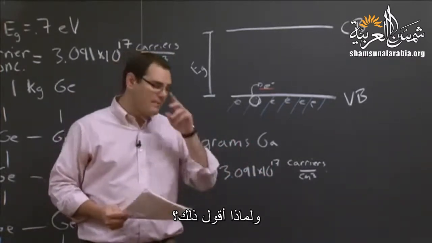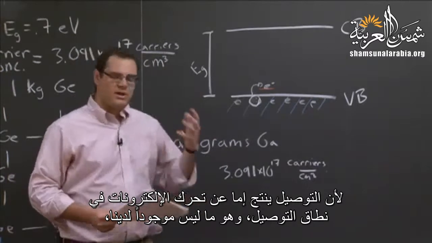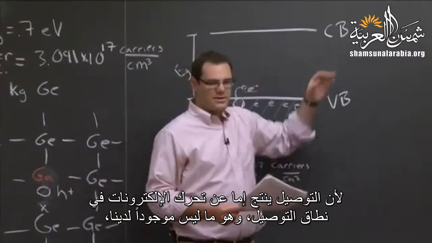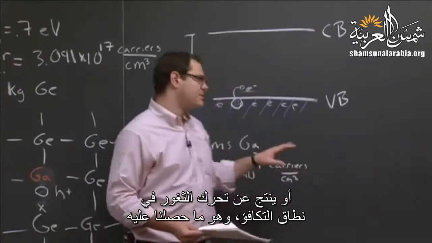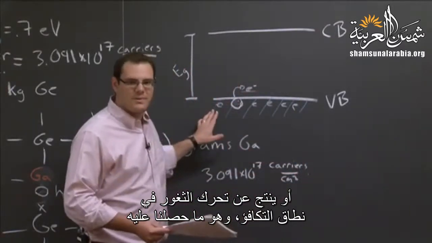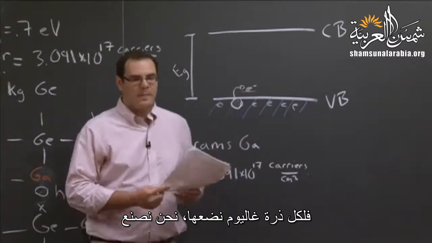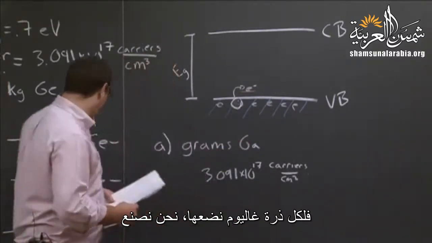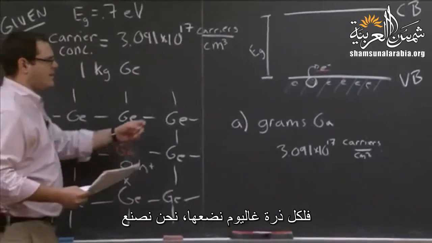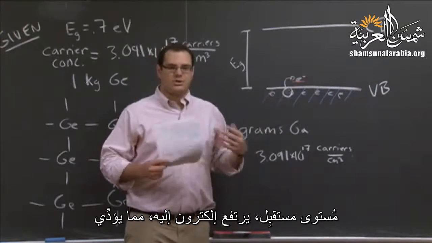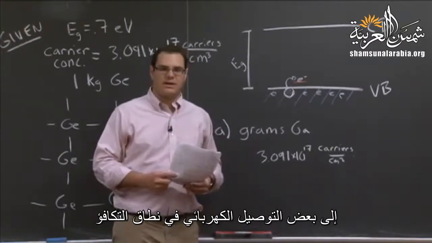And why do I say that? Because conduction is either the movement of electrons in the conduction band, which we don't have, or the movement of holes in the valence band, which we now have. So for every gallium atom we put in, we're creating an acceptor level, which takes an electron up, which creates some conduction in the valence band.